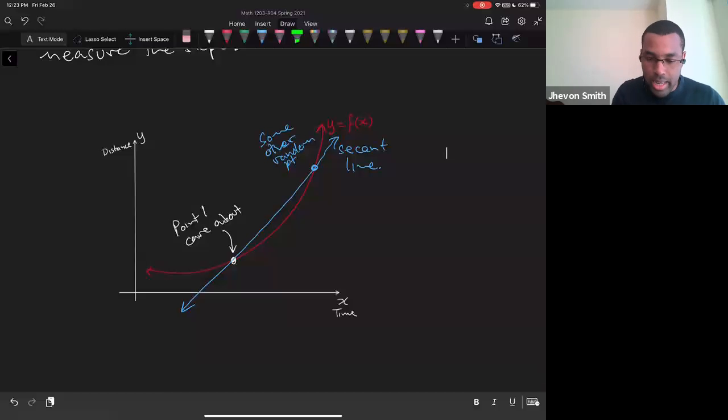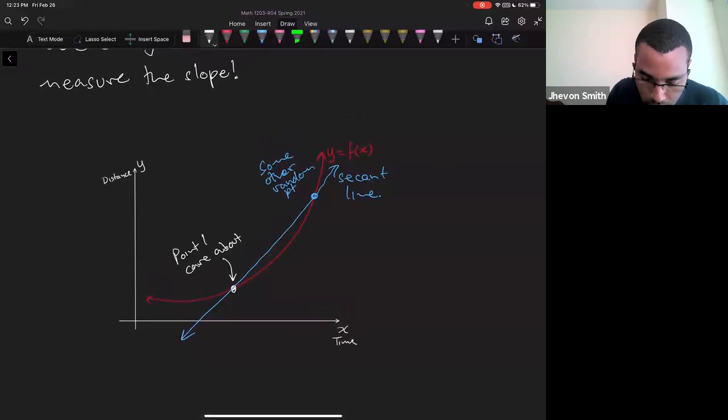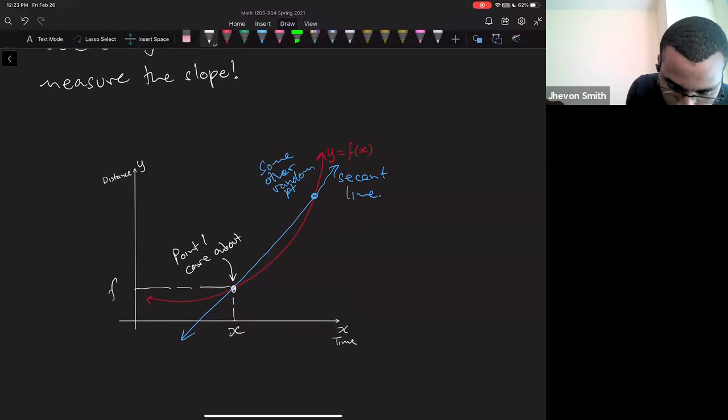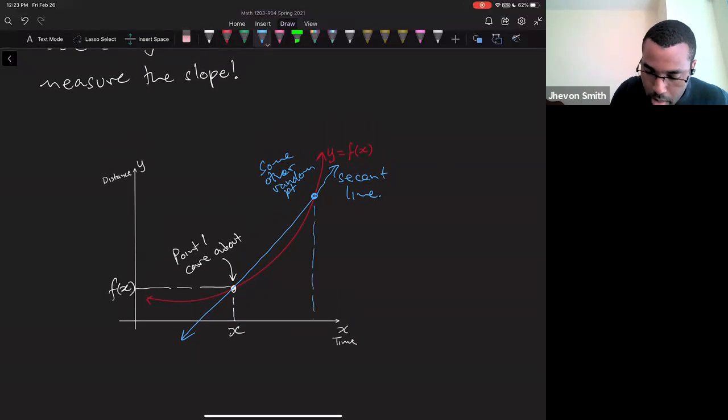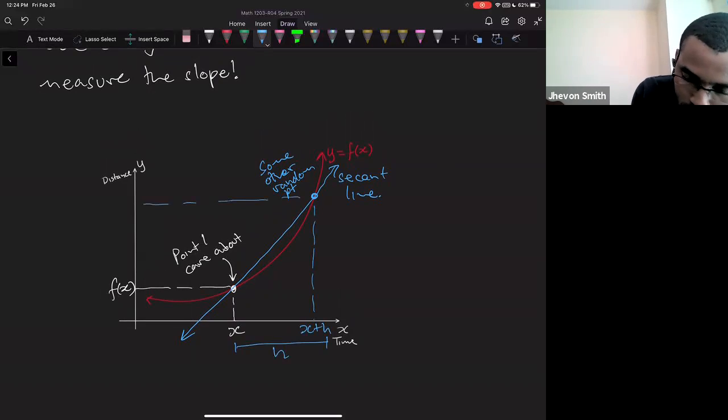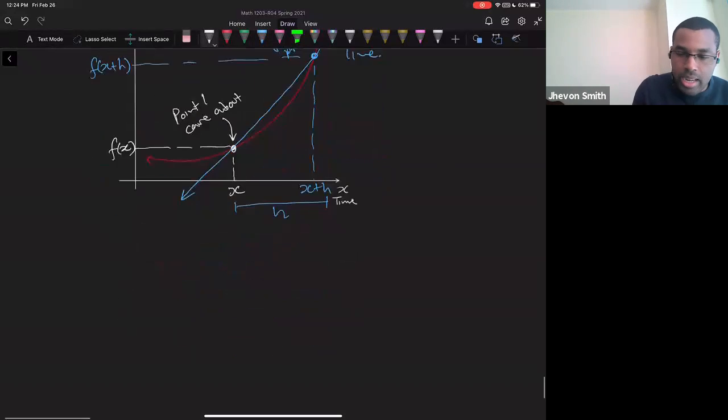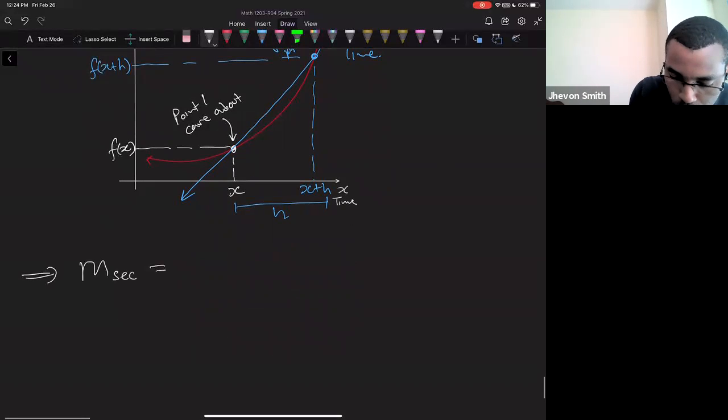So now the idea is, here is a point. Let me call that x, which means the corresponding point here is f of x. Here's some other point I just made up. I want to track it in terms of x, so I call it x plus h, where h is the distance between the points. And of course, that gives me f of x plus h. And we saw last time, the slope of the secant line is going to be f of x plus h minus f of x over h.